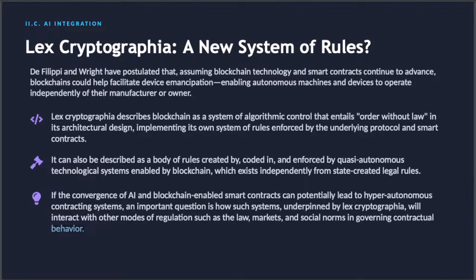So we had the four forces, the four modes, and if there's a convergence leading to that hyper-autonomous contracting system where these emancipated devices could go out and start doing business on their own, will it interact with the other modes of regulation when it only has to answer to its own order without law? Interesting questions.